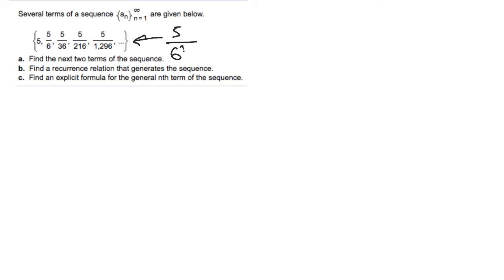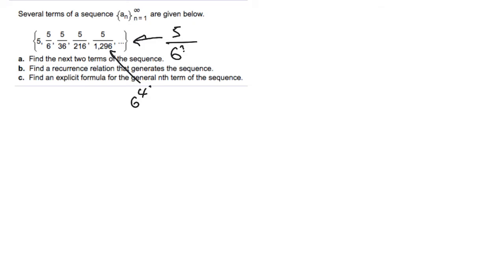So the next term of the sequence would be 5 over the next power of 6. This is 6 to the 4th, if you recall from the previous problem. So 5 over 6 to the 5th, 5 over 6 to the 6th. Those will be your next couple of terms.